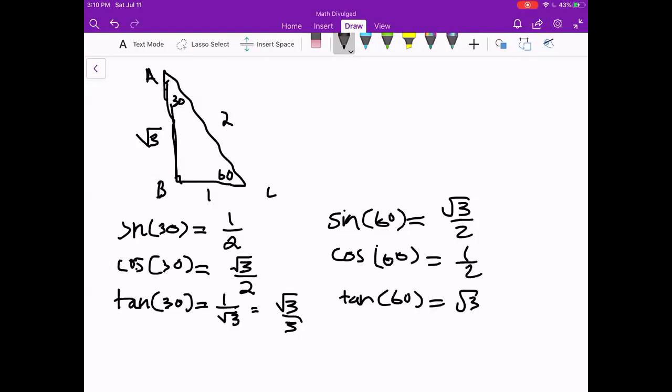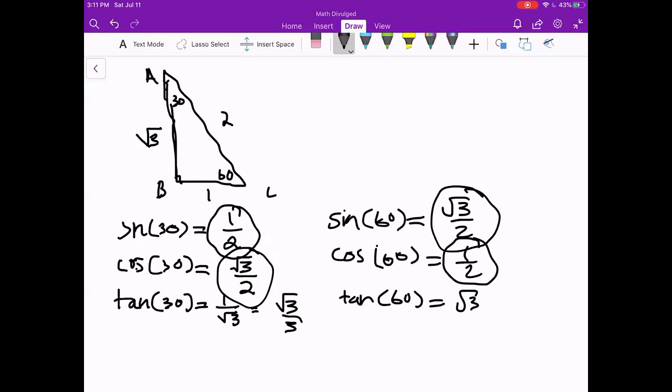And you might start to see that this value right here corresponds to this value right here, and this value corresponds to this value. Basically, this is not a coincidence. You also see that with the above example in the 3, 4, 5 right triangle.